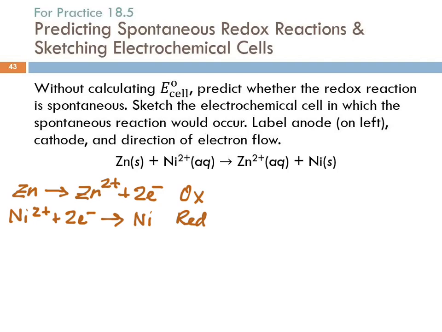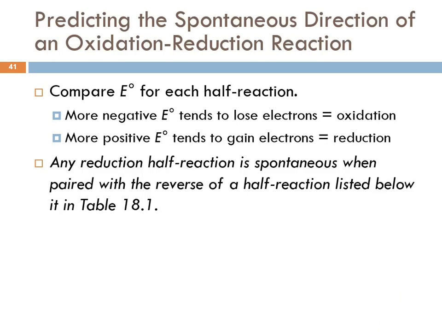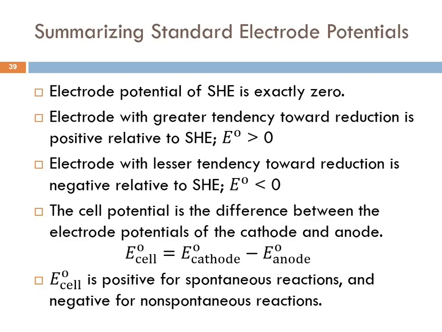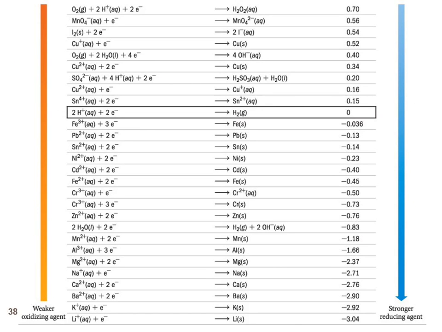Now, how could we figure out, without actually calculating the cell potential, if this is going to be spontaneous in that direction? We have to look at the table. We don't have to do any calculating, but we do have to look at the table. So we're looking for nickel and zinc. There's nickel, and zinc is below.